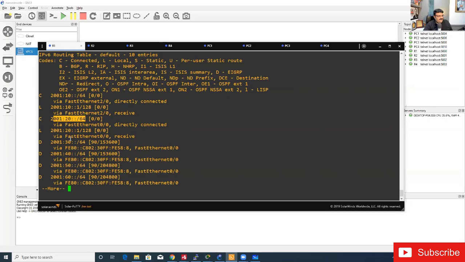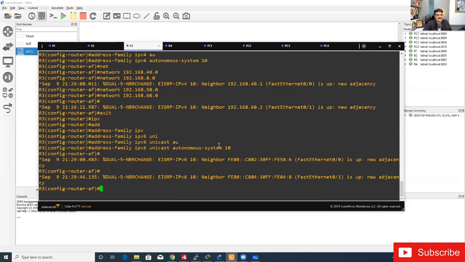Please sir, why did you use unicast? Because in routing we have two types: unicast routing and multicast routing. In EIGRP we have this multicast routing option, so you can use it for multicast purposes. But if you use address family IPv6 autonomous system 10 without specifying it, it works, because by default the mode is unicast.